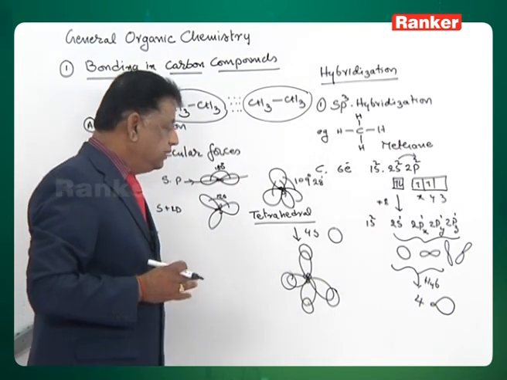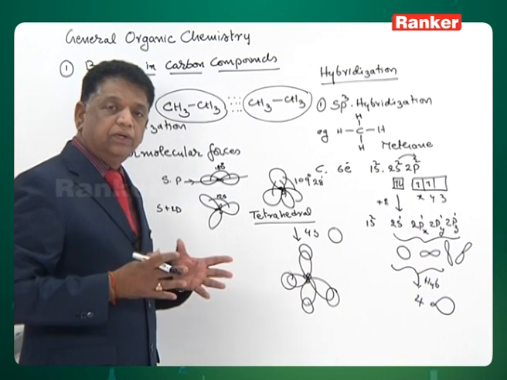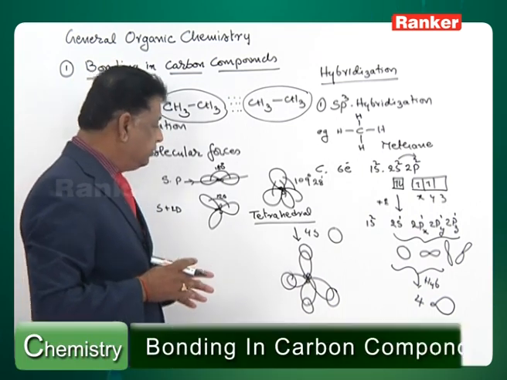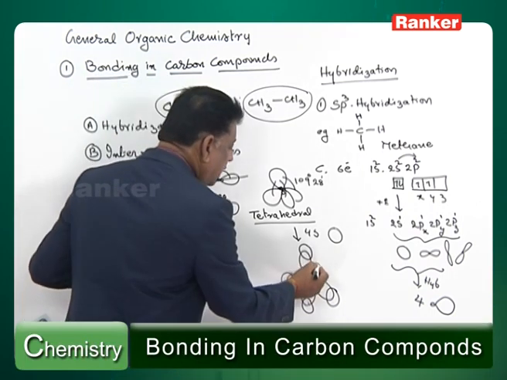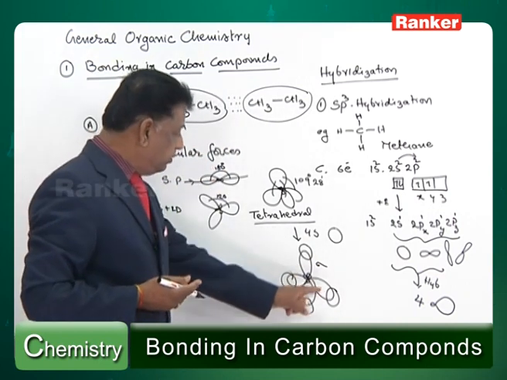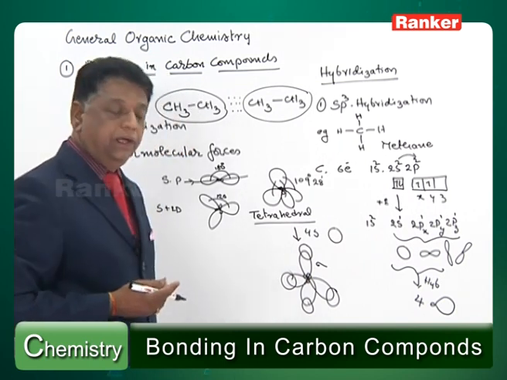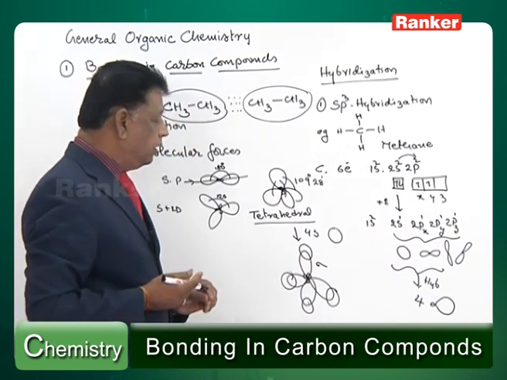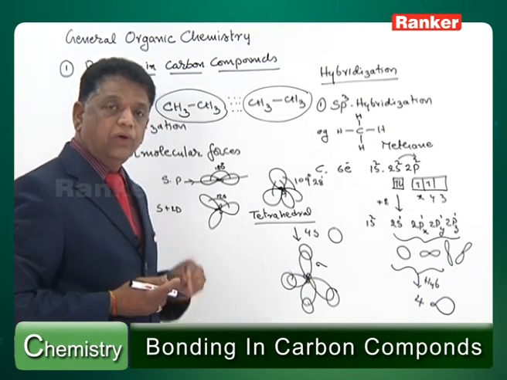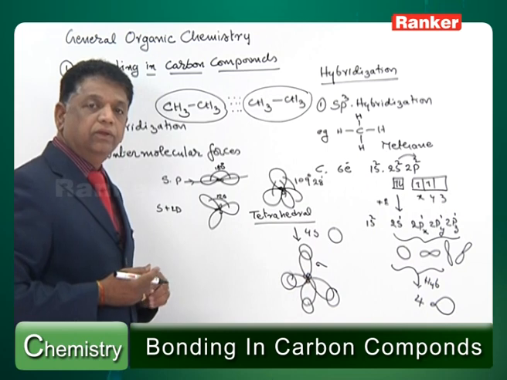Therefore, the percentage of overlapping will be more, so the bond formation will be strong enough. All such strong bonds are designated by the name sigma. So there are 4 sigma bonds formed, and inevitably hybrid orbitals form sigma bonds, which are stronger bonds.